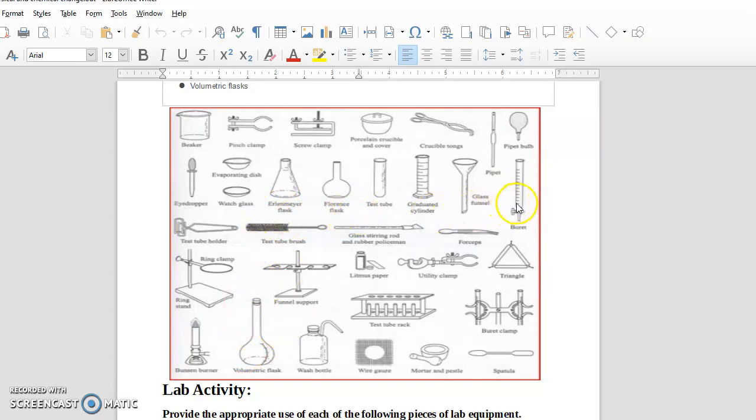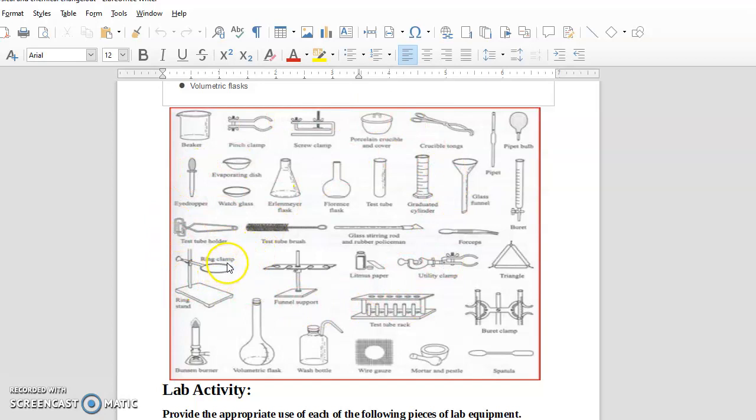Burettes are used for titration. Pipettes are used for removing small amounts, drops or things like that, from one solution to another. Crucible tongs are used for carrying these, and then also test tubes are used. Test tube clamps are used for moving test tubes around. So all of these different things have a specific purpose.